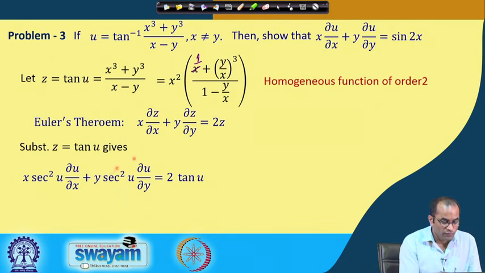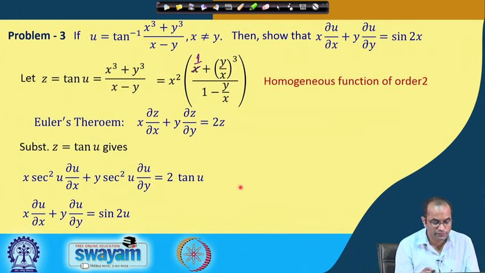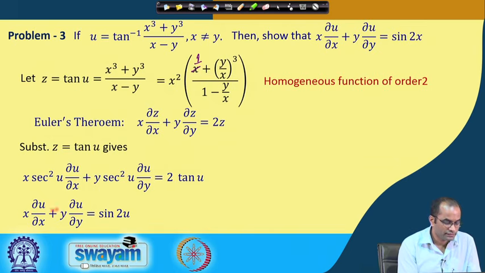Then here y, and similarly we have del z over del y, which will become sec square u times del u over del y. So we have 2 times z, and z is tan u, equal to sec square u times (x del u over del x plus y del u over del y). This sec square u is common, and we can bring it to the right hand side. So we get x del u over del x plus y del u over del y equal to 2 tan u, and sec square u goes to the denominator as cos square u.